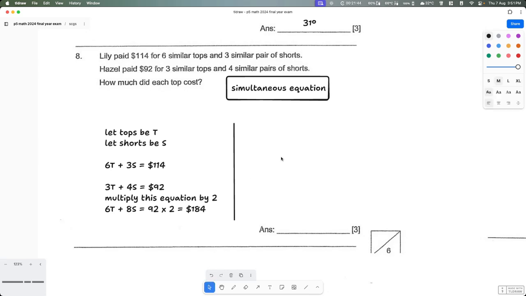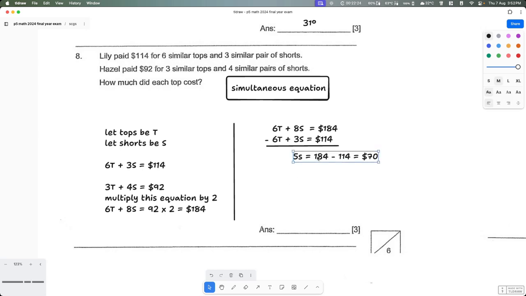So 6T plus 8S is equal to $184, and then we just have a minus this 6T plus 3S. So we put a minus sign. What would this give us? This will then give us 5S equal to 184 minus 114. This will give us $70.